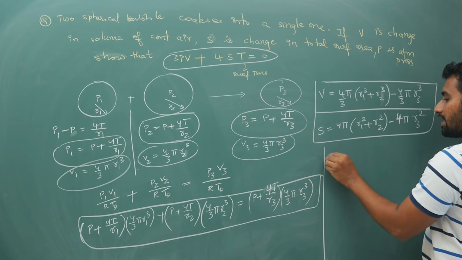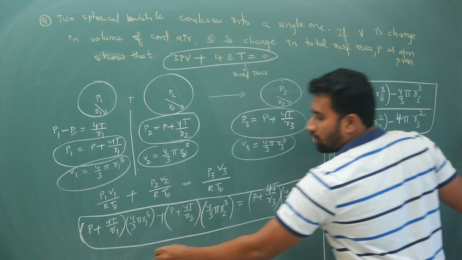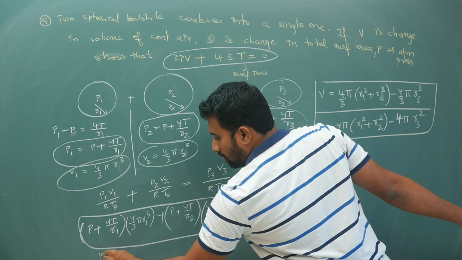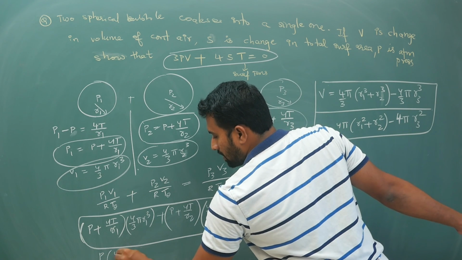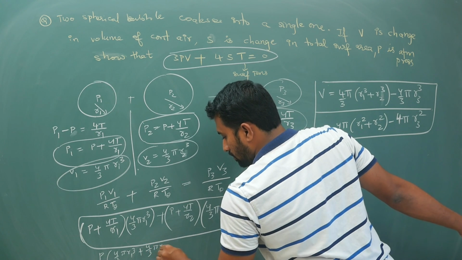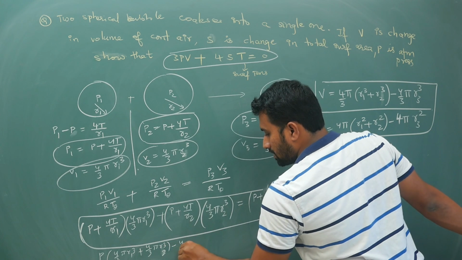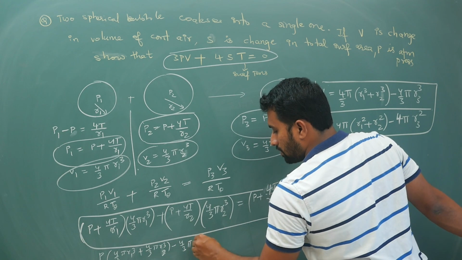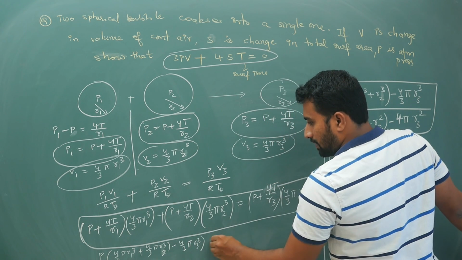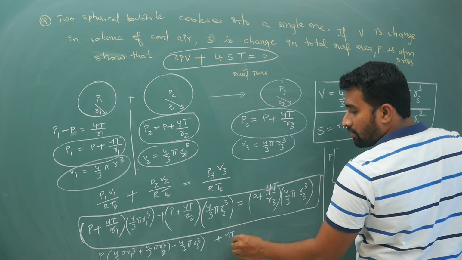All P terms, if you write P times 4 by 3 pi R1 cube plus 4 by 3 pi R2 cube minus 4 by 3 pi R3 cube, plus 4T times, R1 will cancel off.